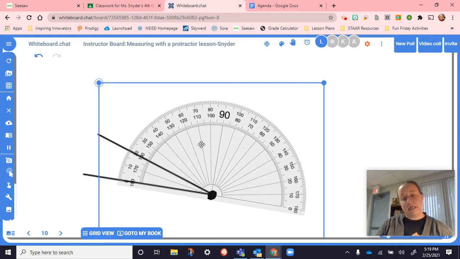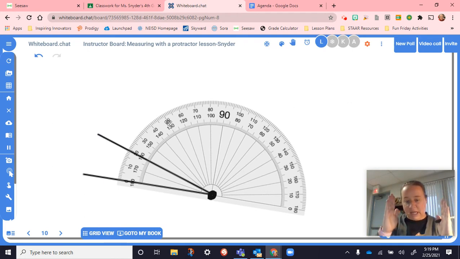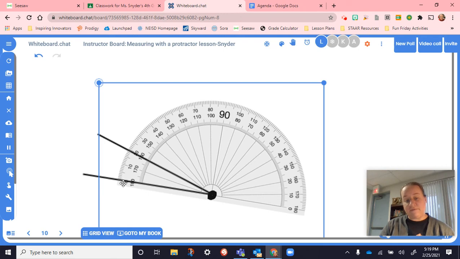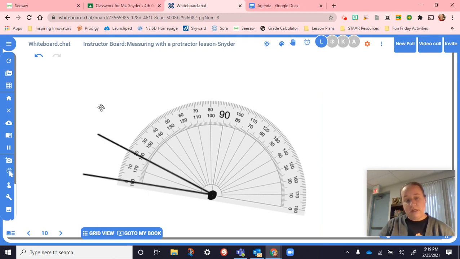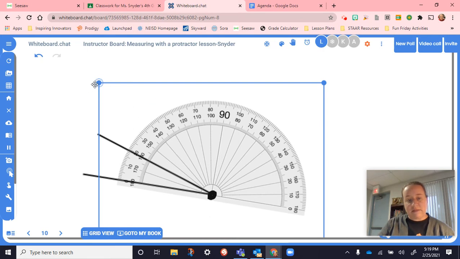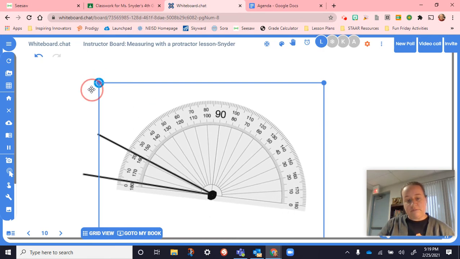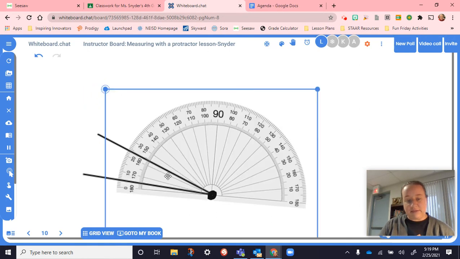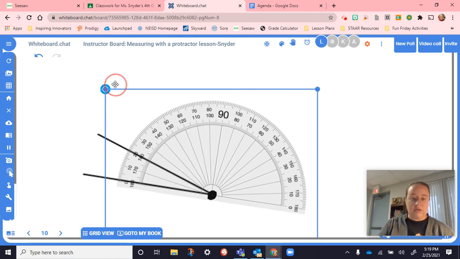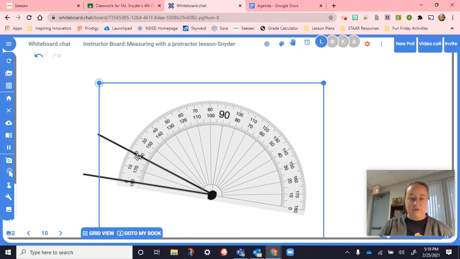So just taking the protractor and practicing how do you manipulate it to where we get it lined up correctly, because this part right here is very important. If you don't have it lined up perfectly on 0, let's say I have it like this, well, now it's showing a different number. So you want to make sure you get it on that 0 lined up, and you can see the number of degrees there. So practice with that.